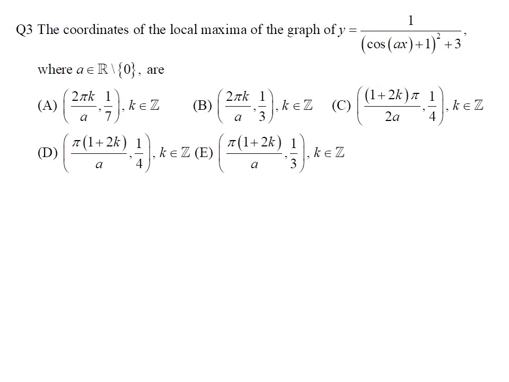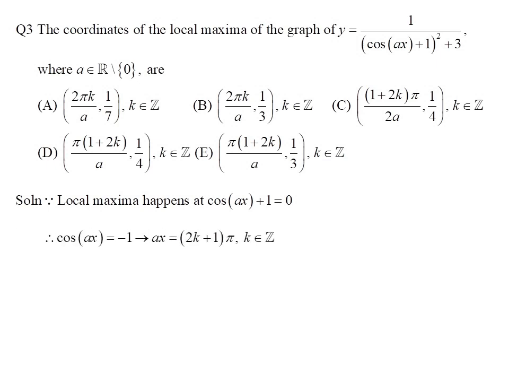Question 3 is to find the coordinates of the local maxima of the function y equals the reciprocal of the square of the total of cosine of ax plus 1, plus 3, where a is a non-zero real number. According to the rule of the function, y reaches its local maximum when the denominator reaches its minimum, which implies that cosine of ax plus 1 equals 0.